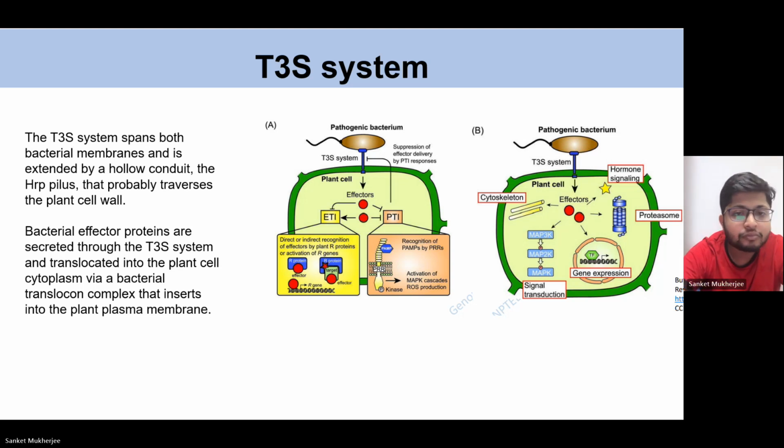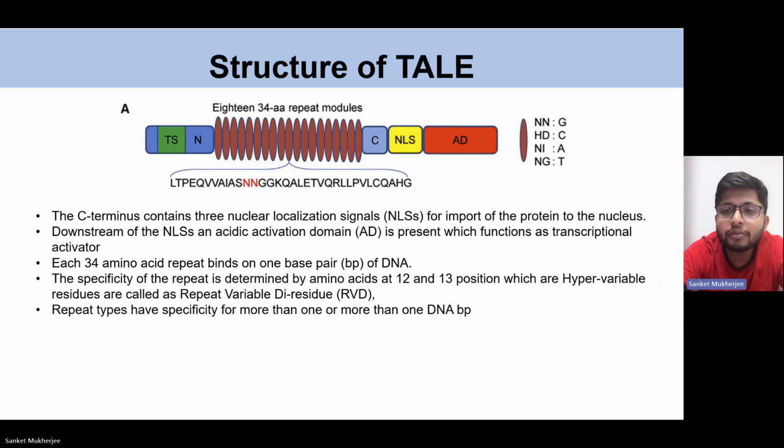So to talk briefly about the structure of TALEs. Again, TALE is a transcription activator-like effector molecule. They essentially have 1834 amino acid repeat modules. These 34 amino acid repeat modules form the helical hairpin structure.